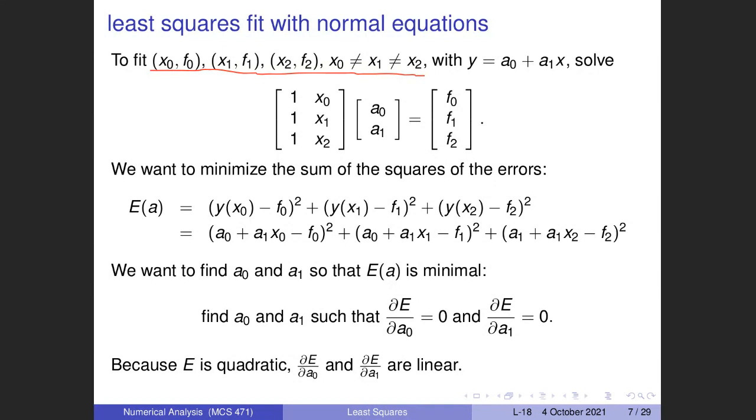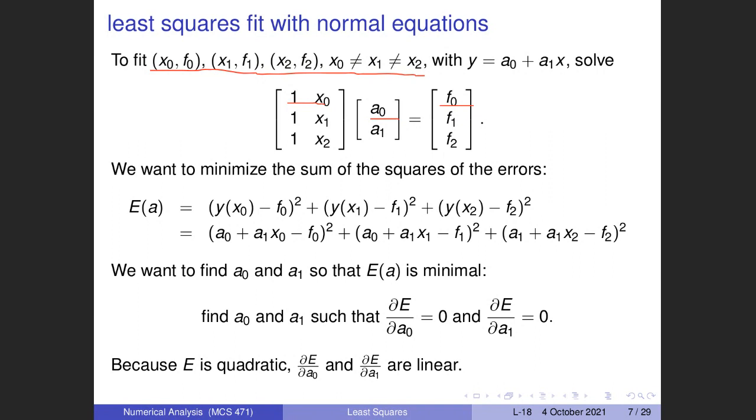So what these equations actually say, they are the interpolation equations. Here is the first equation. If you evaluate the line, with intercept a0, so we multiply 1 with a0, and slope a1, we multiply x0 with a1, then we must obtain f0.